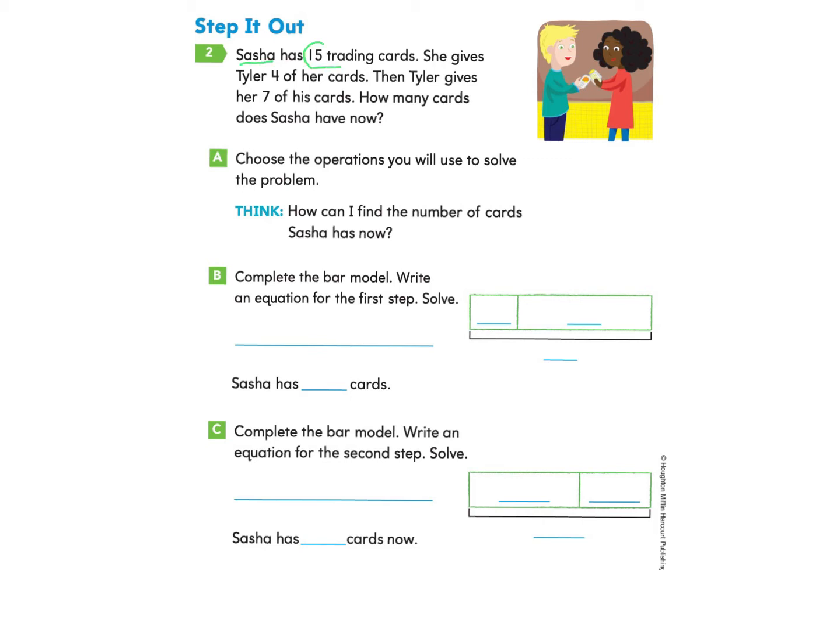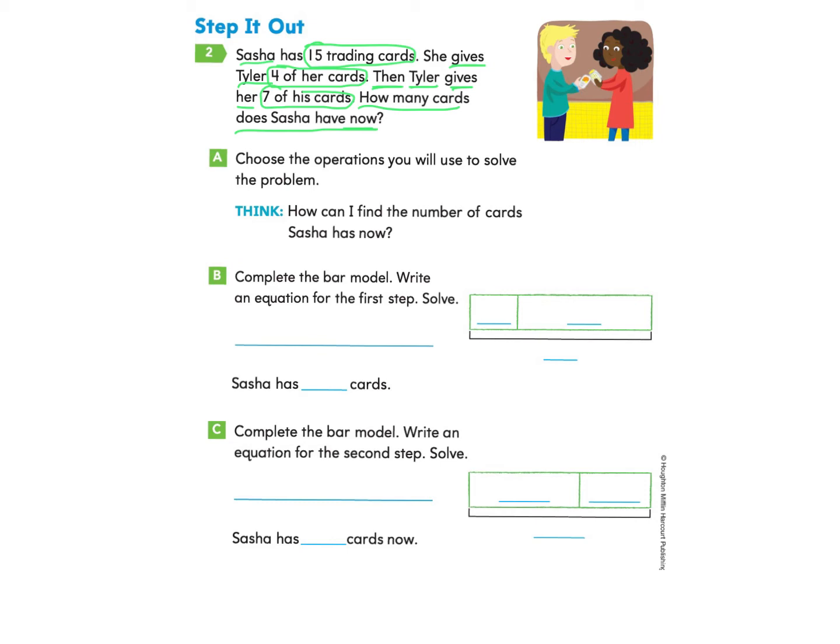Sasha has 15 trading cards. She gives Tyler 4 of her cards. Then Tyler gives her 7 of his cards. How many cards does Sasha have now? Okay, this is a lot of information. Let's just read that one more time together.